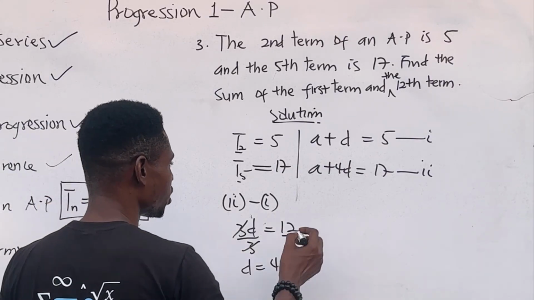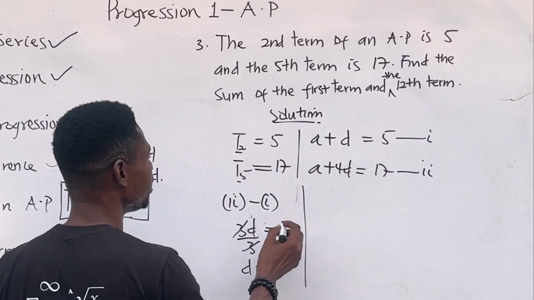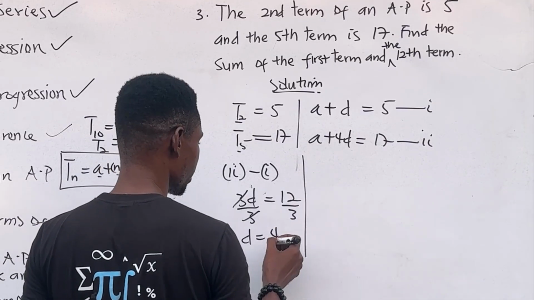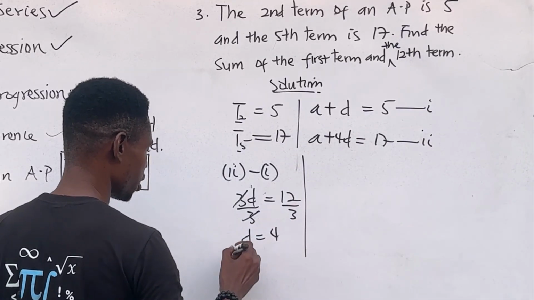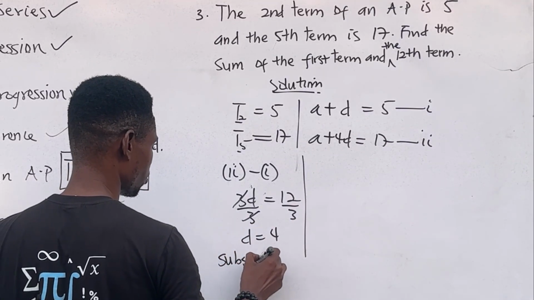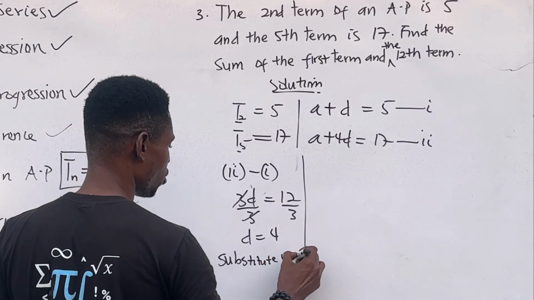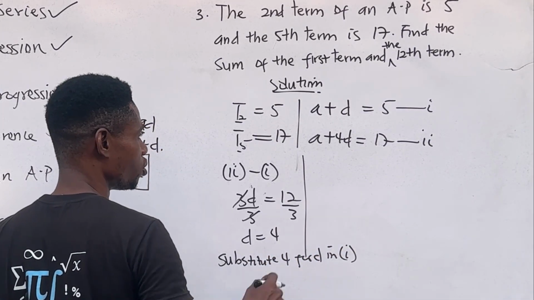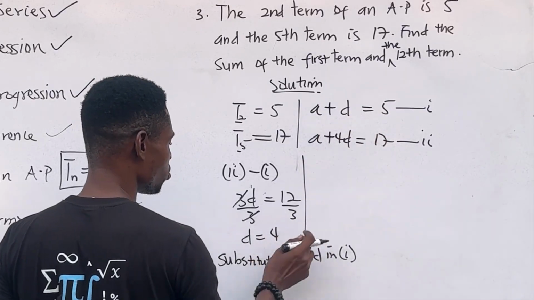Now we can substitute this 4 for D in either equation. Let's use the easier one, equation 1. Anywhere we see D, we put 4.